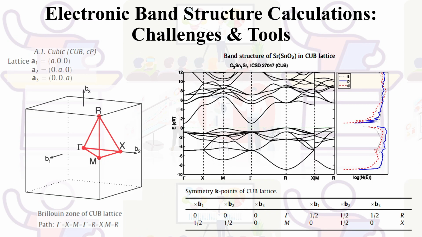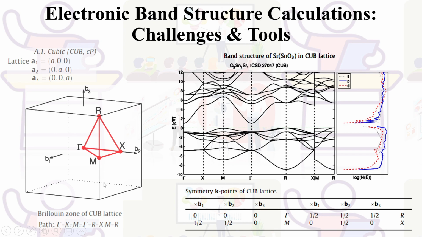Here you can see the Brillouin zone path for this simple cubic structure, with lattice vectors a1 = (a, 0, 0), a2 = (0, a, 0), and a3 = (0, 0, a).